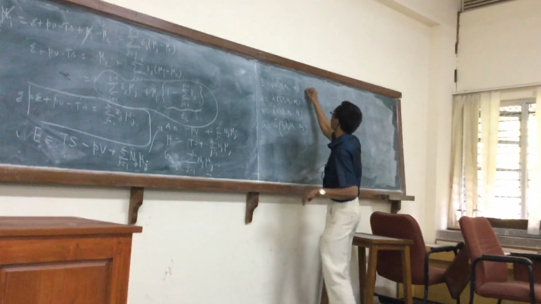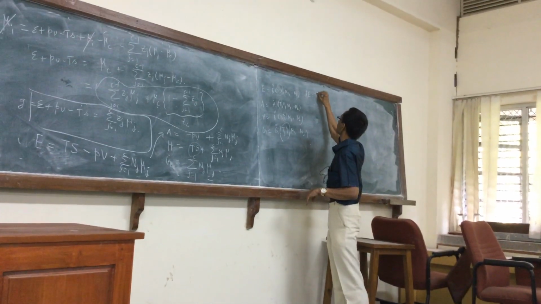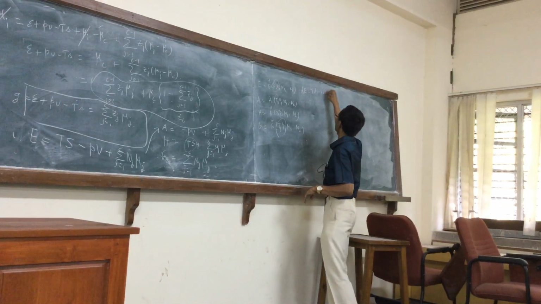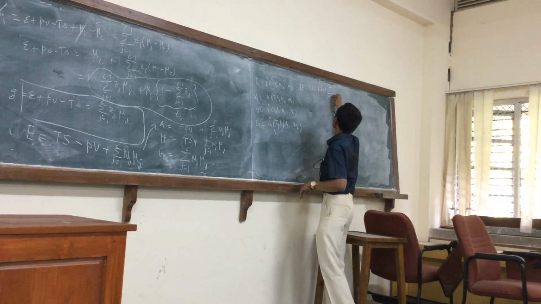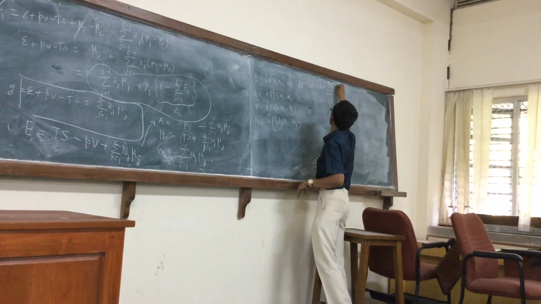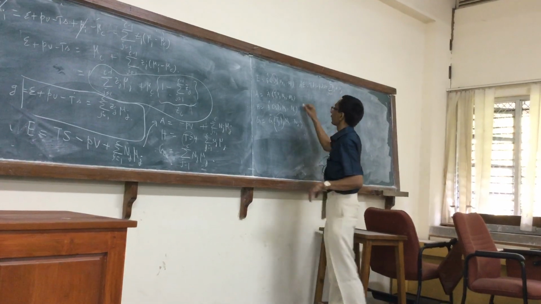Similarly, I can easily write the very well-known general equations in terms of extensive variables. These are very important, so we take the time to write them. They follow simply by the various definitions.